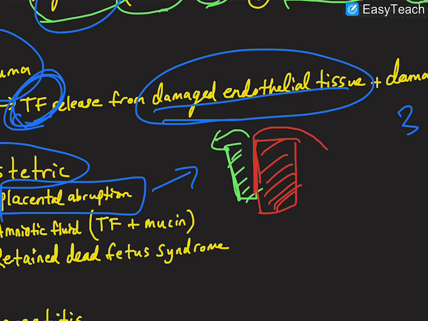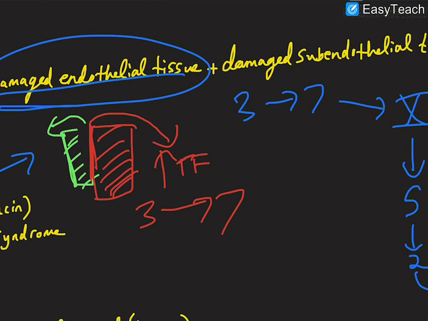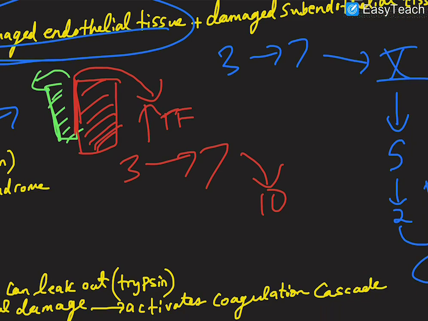So because of a placental abruption, this can lead to a large release of tissue factor, which is factor 3. And then from there we already know what happens. You activate factor 7, and then factor 7 activates factor 10. Then you carry out the rest of the common pathway, and you make a lot of fibrin. So again you get widespread activation of the coagulation cascade, leading to a lot of clots.